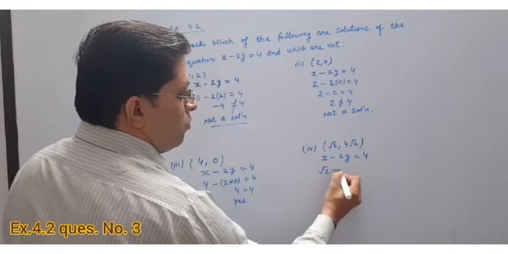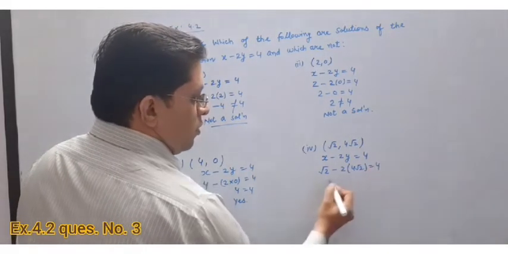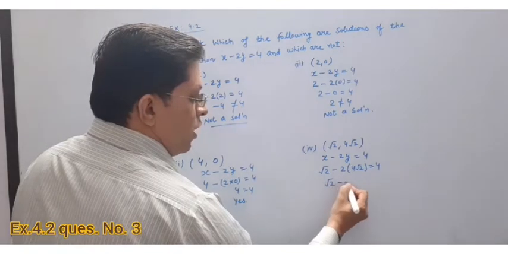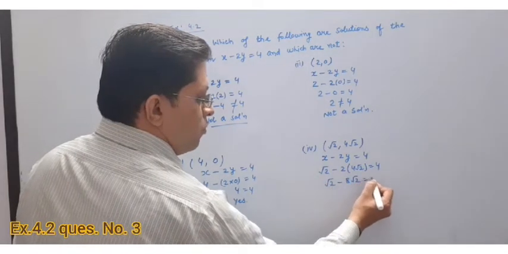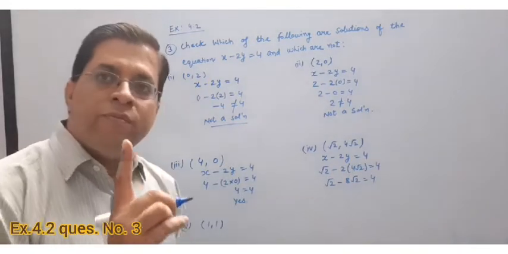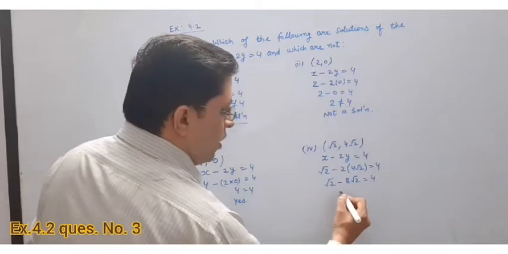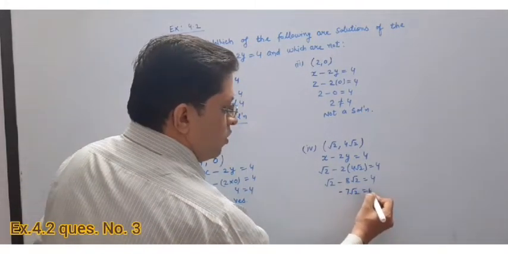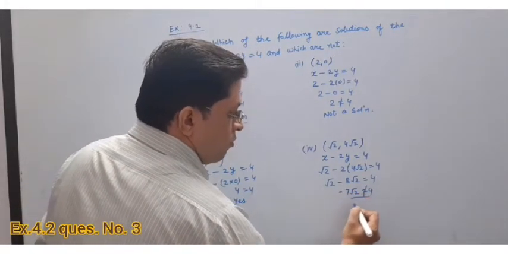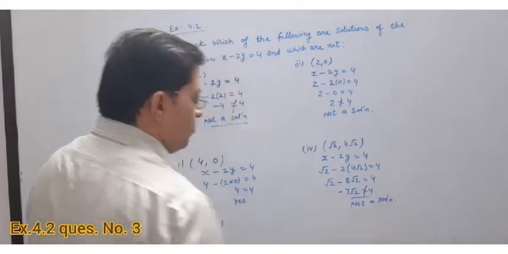X is root 2, y is 4 root 2. This is root 2, and this is 8 root 2. Root 2 minus 8 root 2. This will become minus 7 root 2. Is minus 7 root 2 equal to 4? This is not possible. This is not a solution of it.